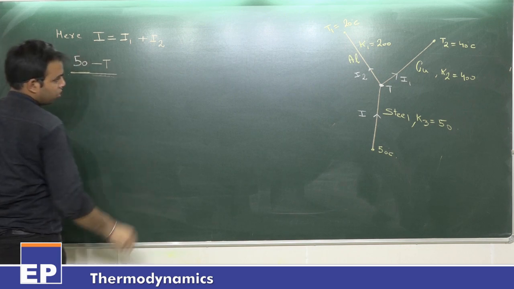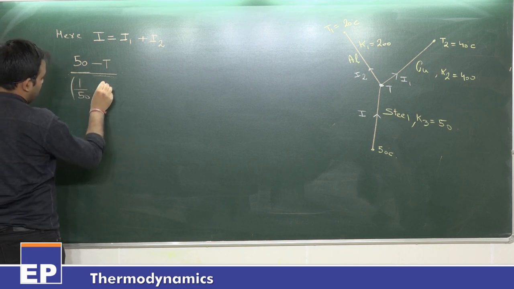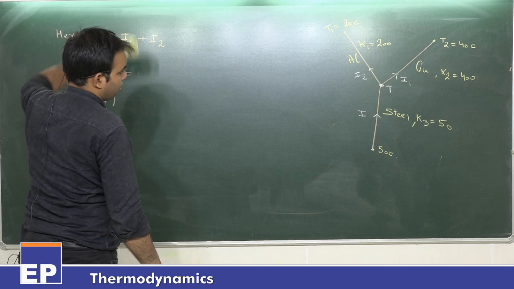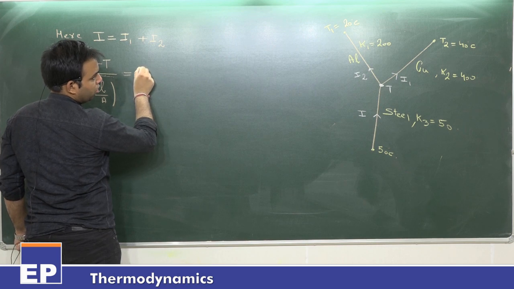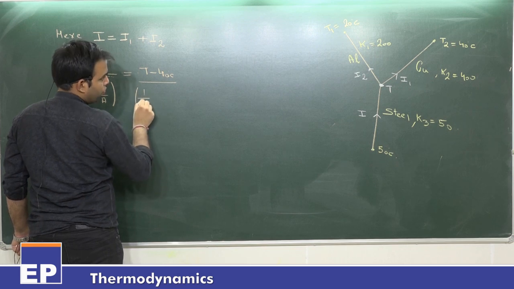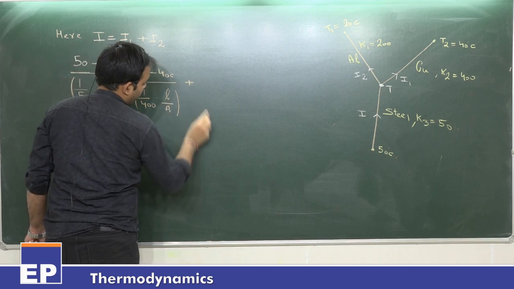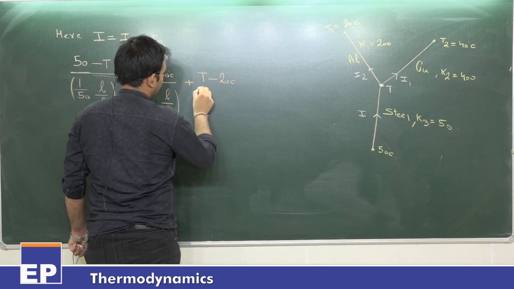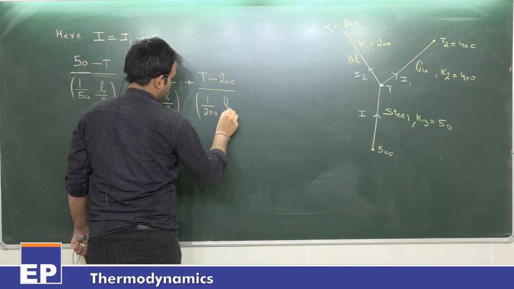What is the resistance of this? 1 upon 50 into L by A. What is I1? I1 is T minus 40 by 1 upon 400 into L by A. What is I2? T minus 20 by 1 upon 200 into L by A.